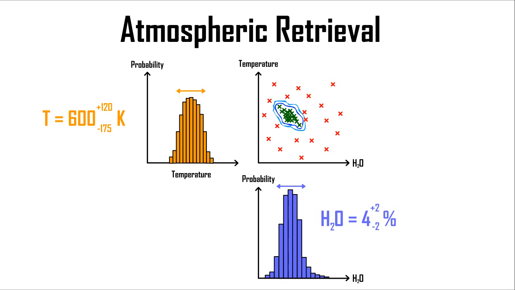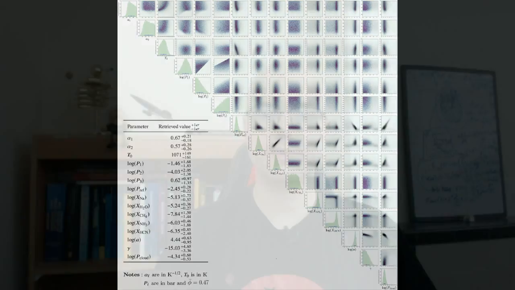So by doing this, we have been able to extract constraints on the temperature and the amount of water present in this atmosphere. Here is a quick diagram showing what a real atmospheric retrieval outputs, and you see it is a lot more messy. In this particular case, there are something like 14 parameters, but the basic idea is the same. Produce many, many millions of models, and from the exploration of the parameter space, we can extract the underlying properties of the planet's atmosphere.